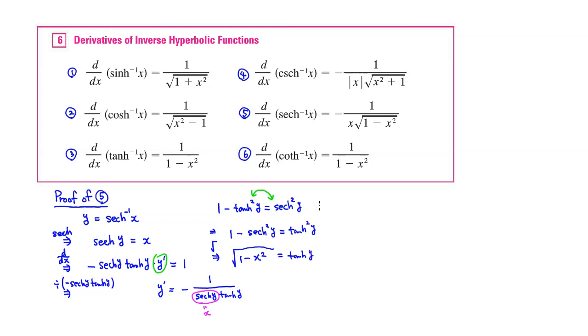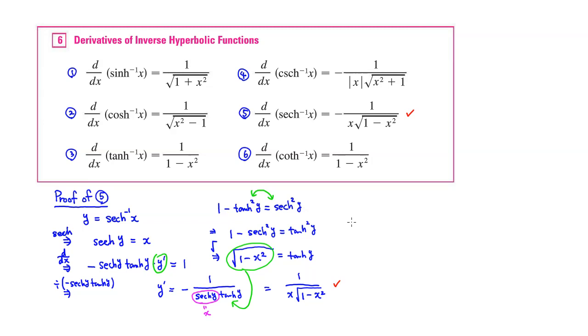You can see that we can put this in here to get y prime equal to negative 1 over x times the square root of 1 minus x squared. That's how we got number 5 there.